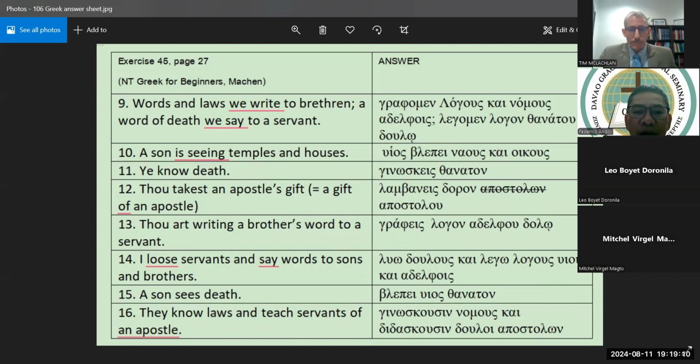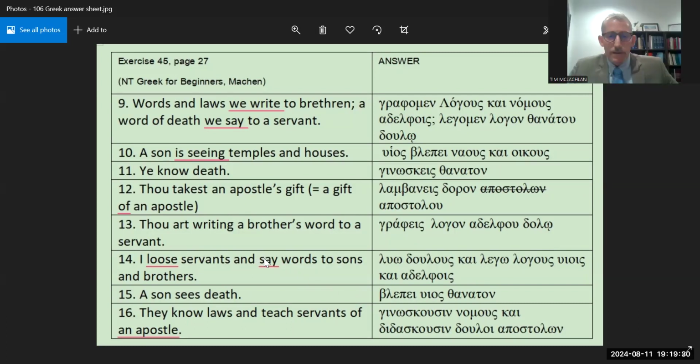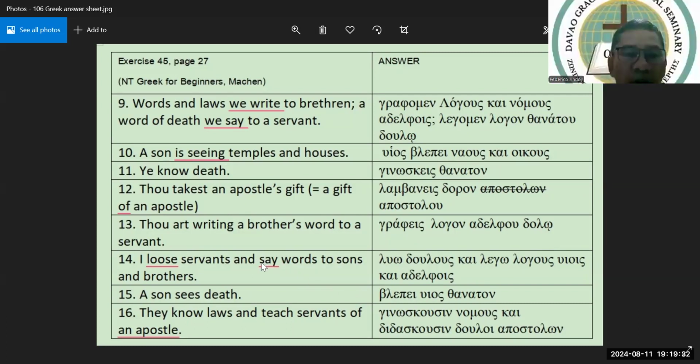Okay. And this number 14, we are using Leo. Is this loose, or is it say? You are using here the word loose.